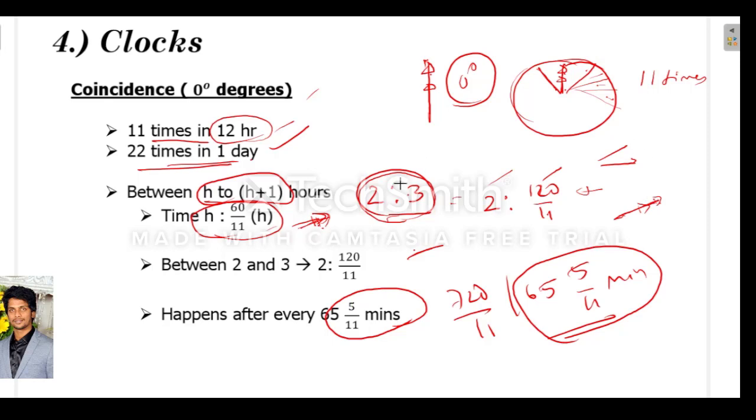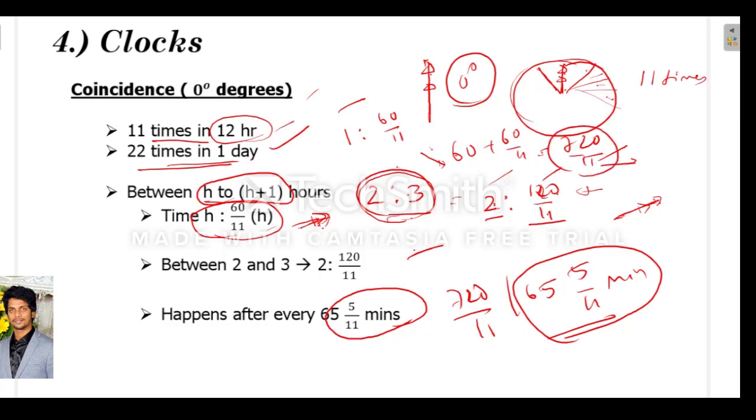For example, between 1 and 2 it will be 0 degrees at 60 by 11, and between 2 and 3 it will be at 120 by 11. The difference is 1 hour, 60 minutes, plus 120 by 11 minus 60 by 11, which is nothing but 720 by 11.